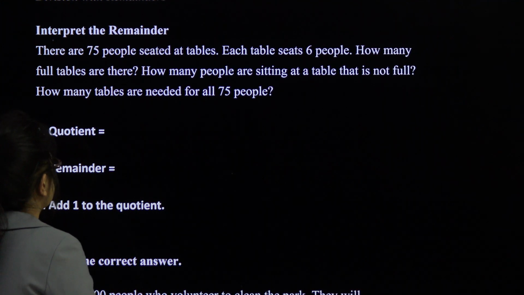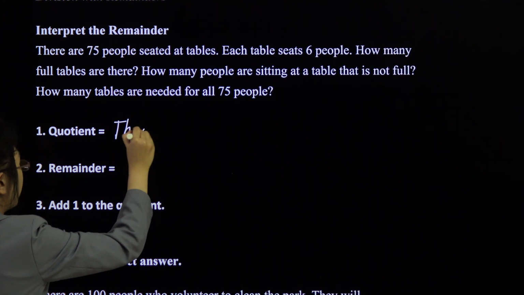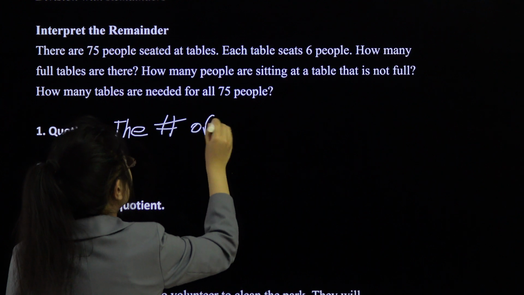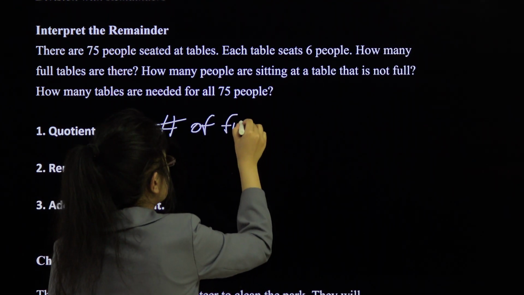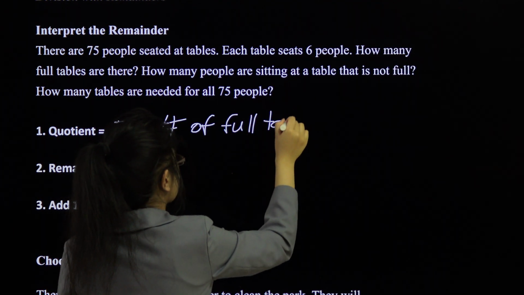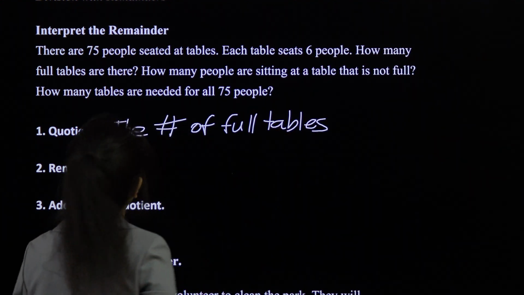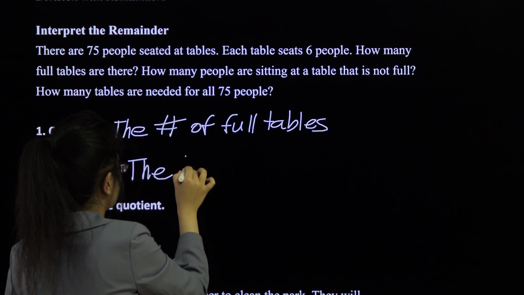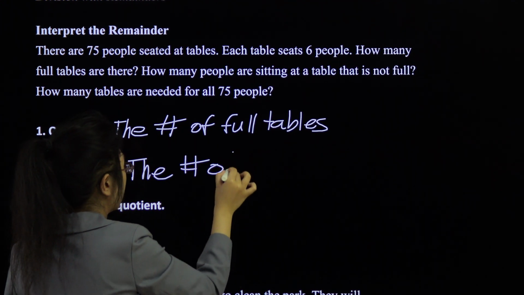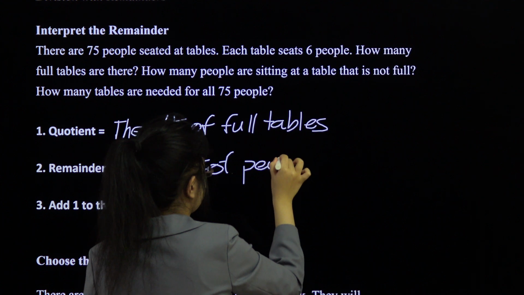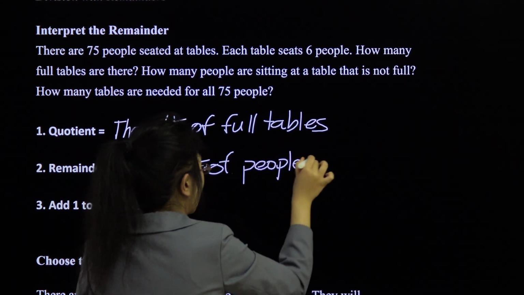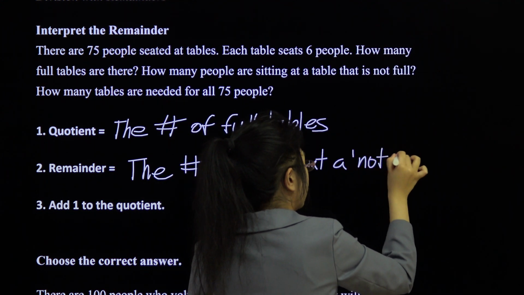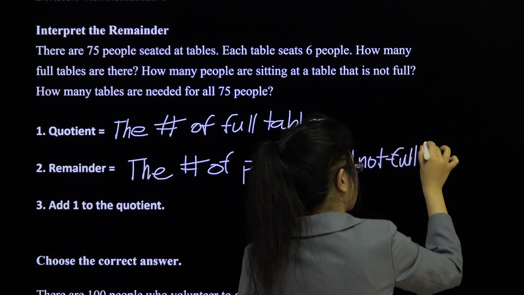So the quotient would be the number, yes guys, the hashtag sign is also the number sign, of full tables. The remainder would be the number of people at a not full table.